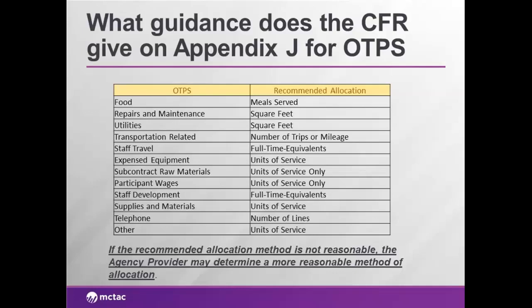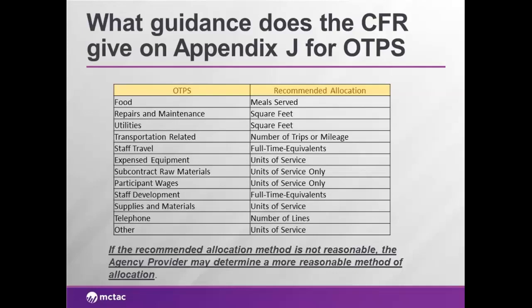So again, you're going to find as you go through your different expenses at the program level that some of the guidance that's provided out there just is not going to work well for you. New York State recognizes that. They allow you to use something that's more reasonable.